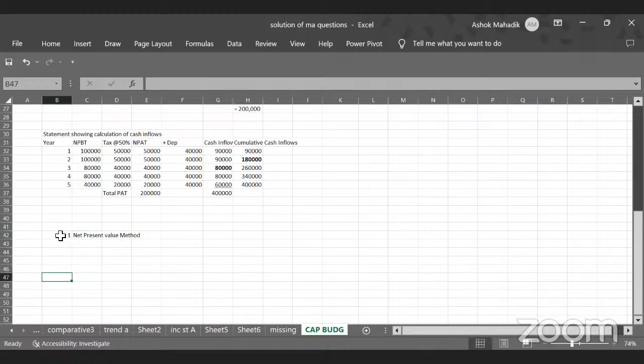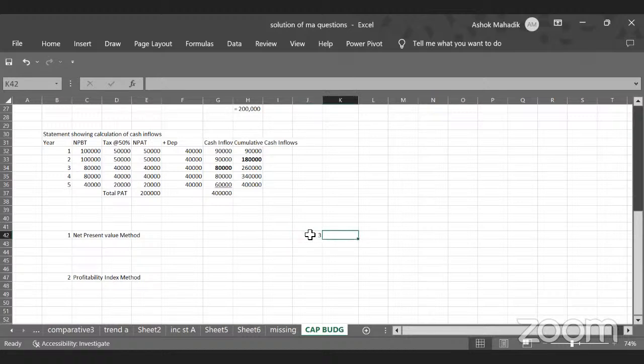Second method is profitability index method. Third one is discounted post payback period method, which is similar to our payback period method. The first method is traditional.